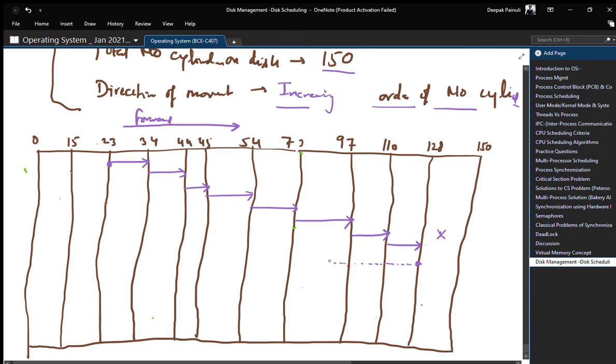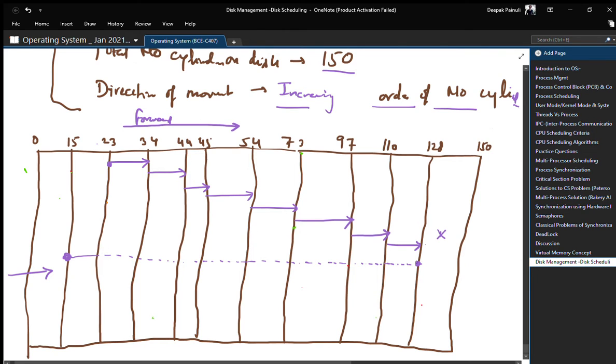The dotted line is showing that it will directly jump to the lowest cylinder number, right? And it will traverse again in this direction only, increasing order of cylinder number, right?